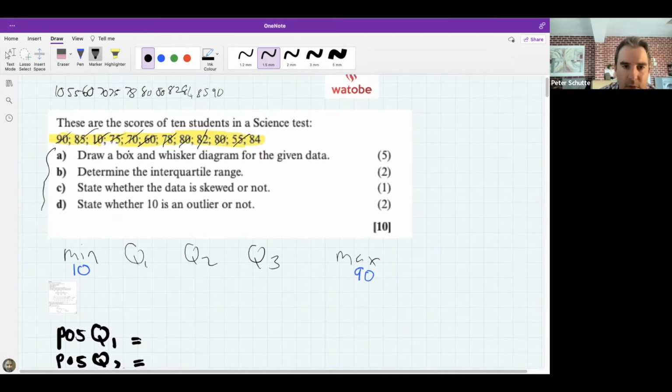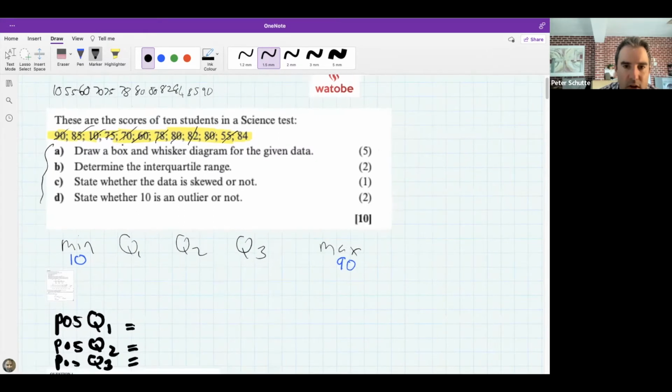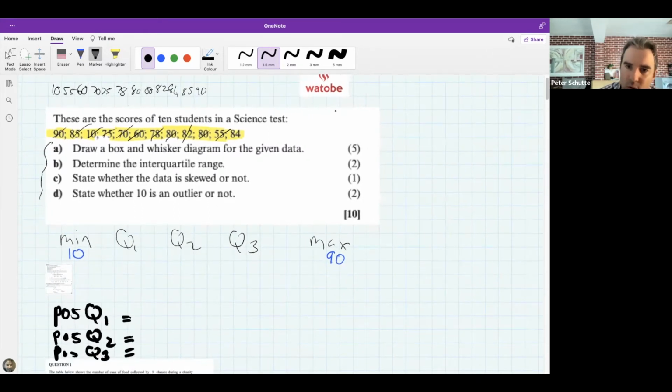How many items do we have? Okay, we've got 12 items in our data set. So n is 12.